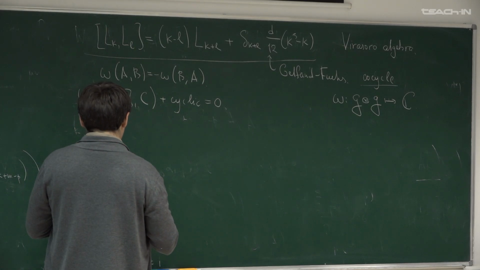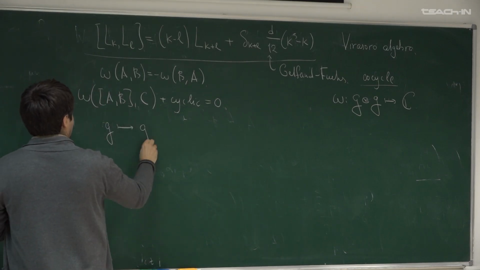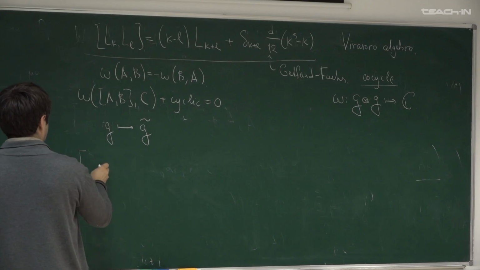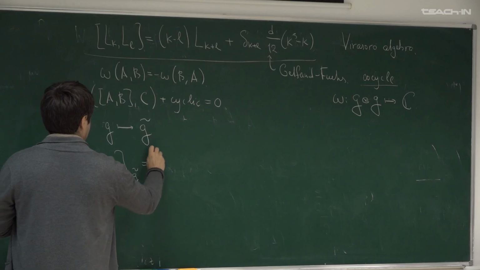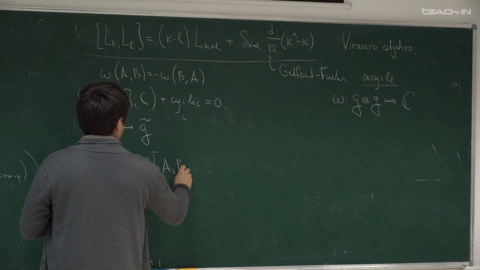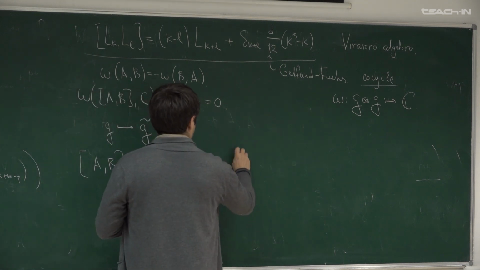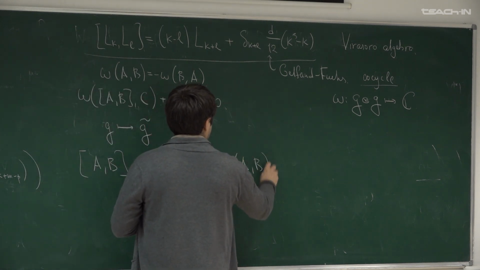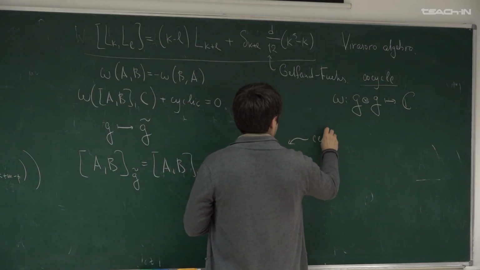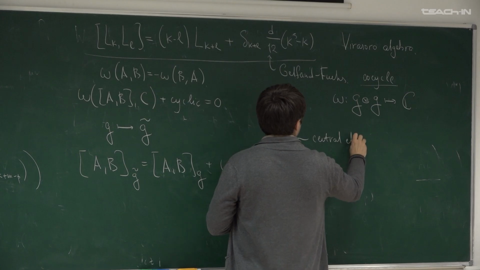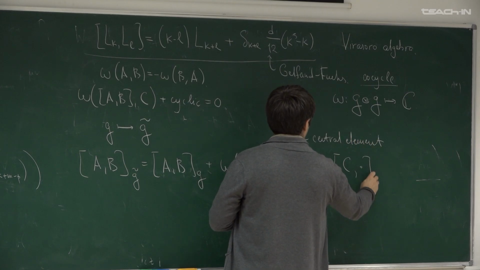Given omega, one can construct a new algebra G tilde, where the commutator of A and B in G tilde is the commutator of A and B in G, plus omega of A and B times some new element which is a central element. That means it commutes with everything.